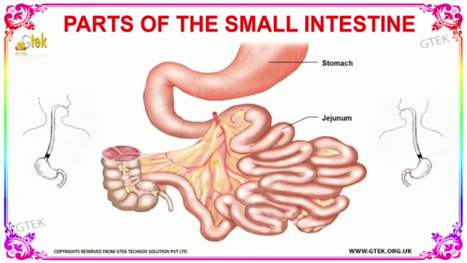So this is how the mesentery looks with your small intestine. It is a tissue that binds together the small intestine, which is extending from the stomach through the duodenum, jejunum and ileum into the large intestine's cecum.